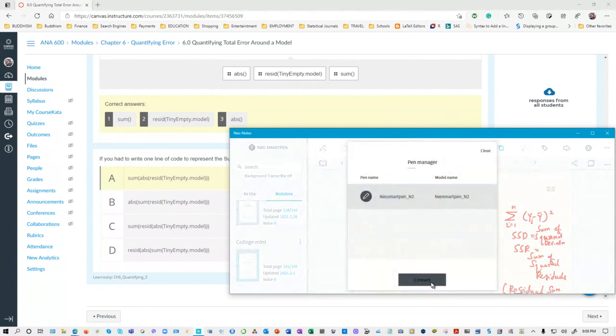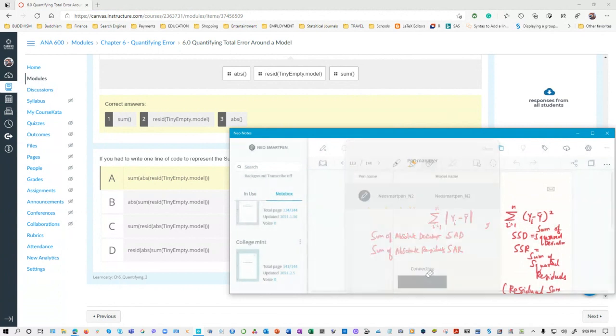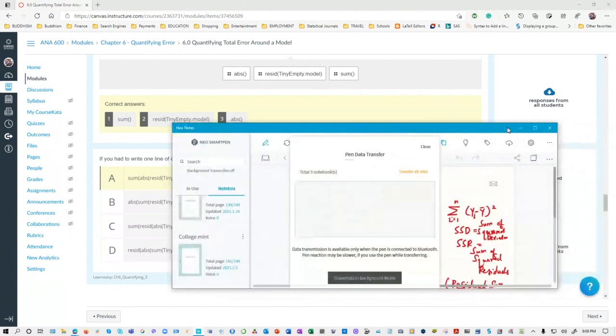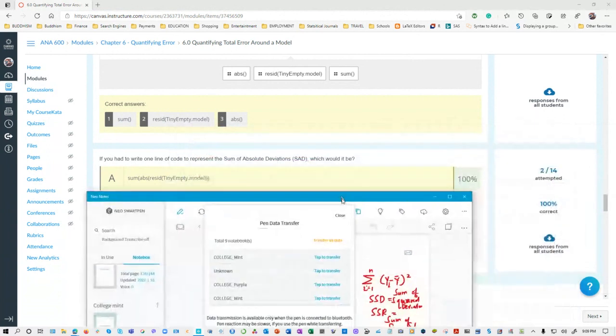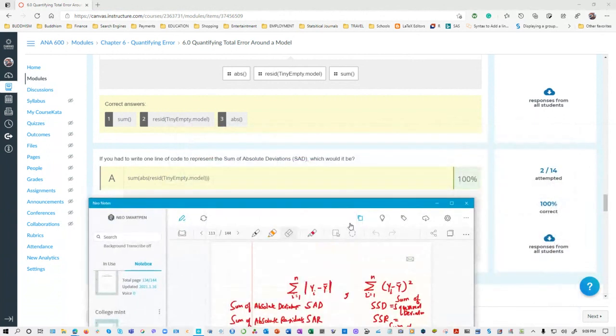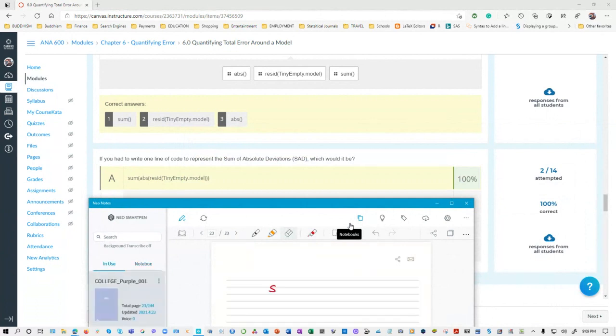I'm talking about SAD, the sum of absolute deviation, or sum of absolute residual, which is given mathematically by y minus y bar. The R code would be one shot. You go to sum, for this one.